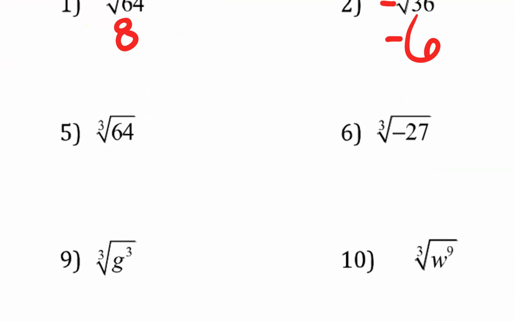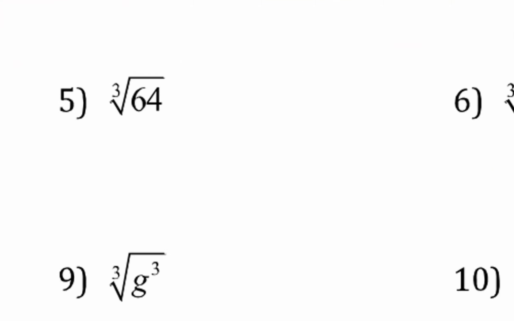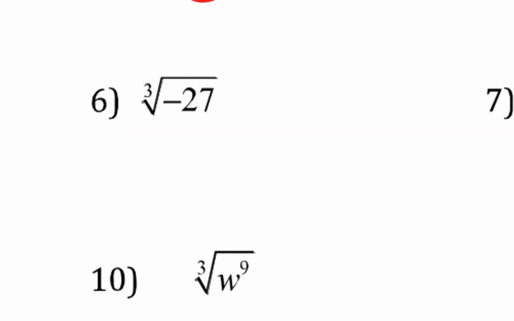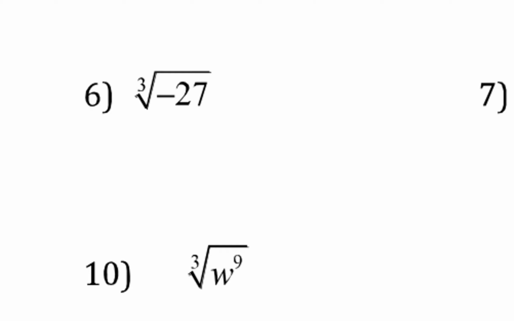Next one, cube root of 64. What multiplies by itself 3 times to give you 64? That's not 8, because that would be the square root of 64. This is going to be 4, because 4 times 4 times 4, 3 times, gives us 64. The next one, a lot of people think the answer is going to be 3i. That is not the case, because this isn't impossible.